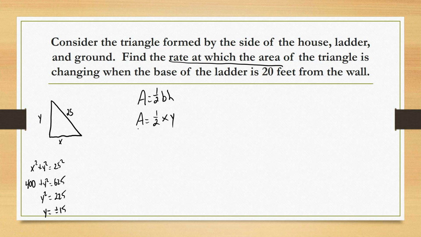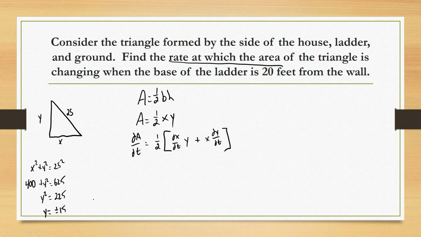So now we can differentiate this. dA/dt equals 1/2 times the derivative of the first, which is dx/dt times y, plus the first times the derivative of the second. Right? Product rule, x times y, both with respect to t.